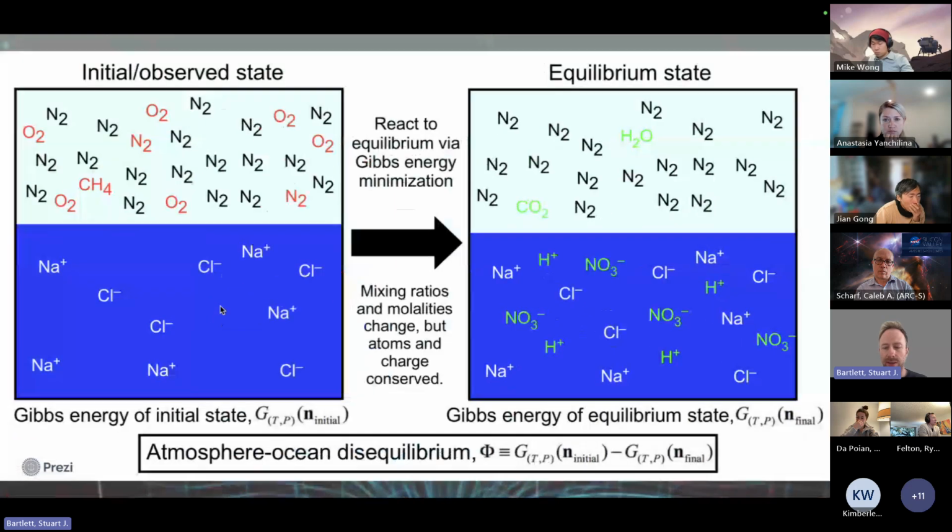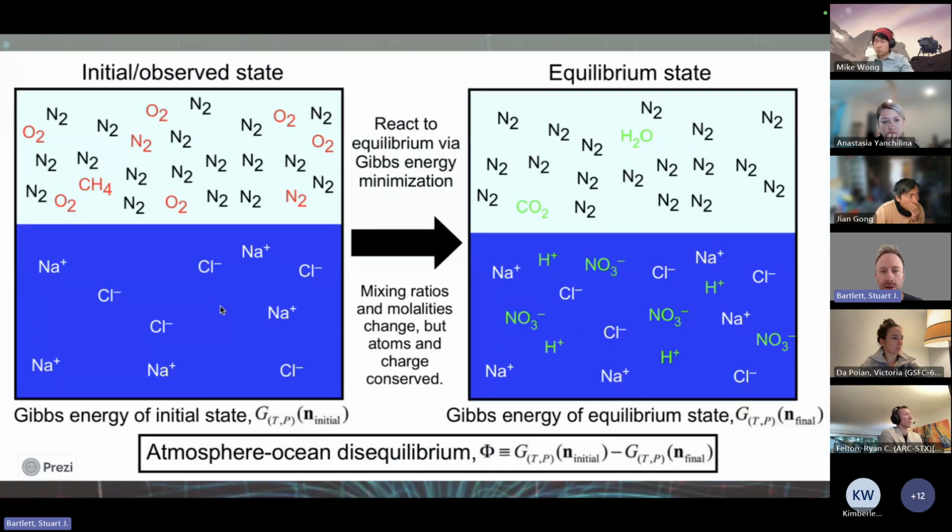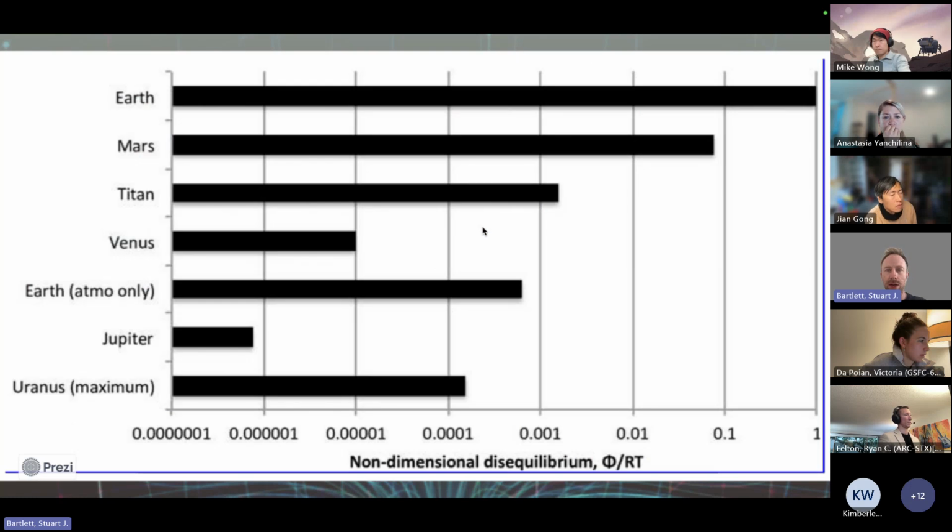So this has been pioneered significantly by Josh Krissansen-Totton at the University of Washington, and I borrowed a couple of his figures here, sort of showing how they compute some of these disequilibria between an initial or observed state and the equivalent state if you let that system run to equilibrium. And you can essentially calculate a sort of Gibbs free energy difference between the two. And that gives you an estimate of the degree of disequilibrium of that planetary atmosphere.